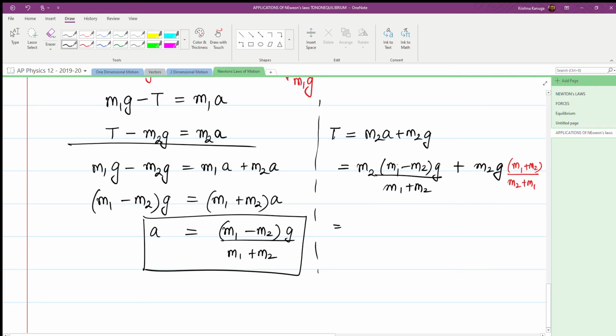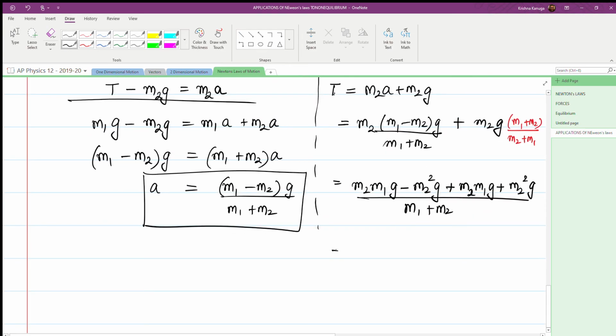I'm also going to distribute the M2 and M1 inside and rewrite this as M2 M1 G minus M2 squared G, plus M2 M1 G plus M2 squared G, all over M1 plus M2. You see that the M2 squared terms cancel and we have two of the M1 M2 terms, so we can write this as 2 M1 M2 G over (M1 plus M2), and this is our tension.